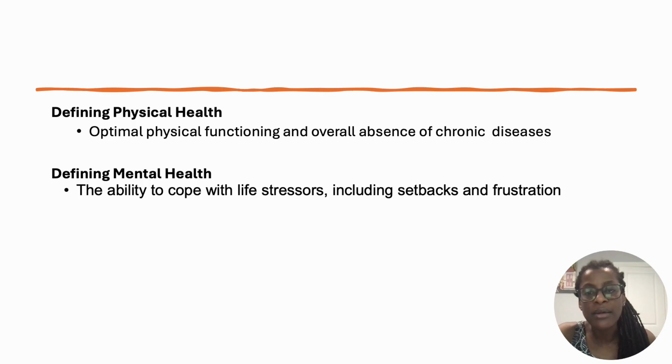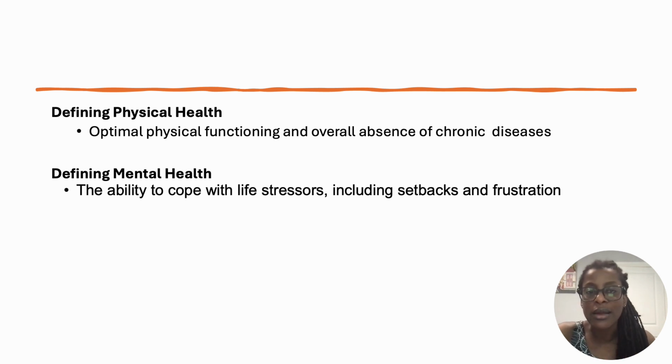Being mentally healthy means that you're able to cope with life stressors. However, that does not mean that one never feels down or at times feels depressed, but overall you are not staying in that depressed state long term, which in turn would impact health and how you function in your day-to-day life.